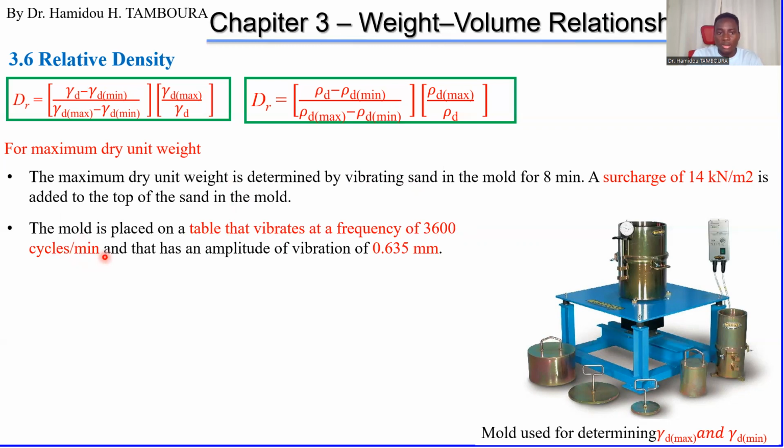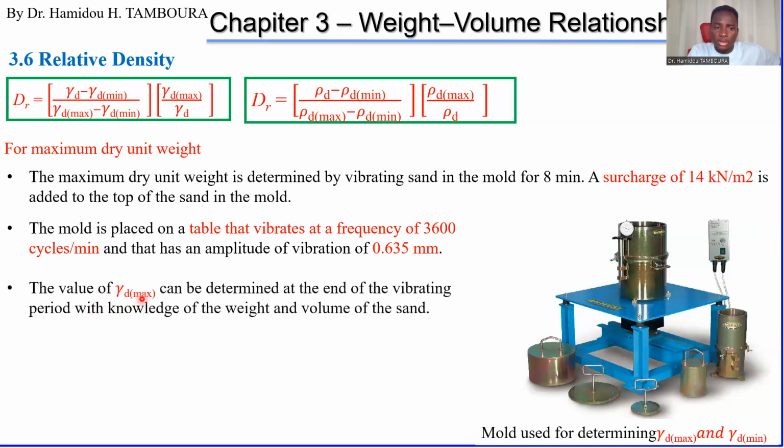Fast, I think. And the amplitude of the vibration is 0.635 millimeter. The amplitude means the horizontal distance that the table will move from left to right, for example. That is the amplitude.